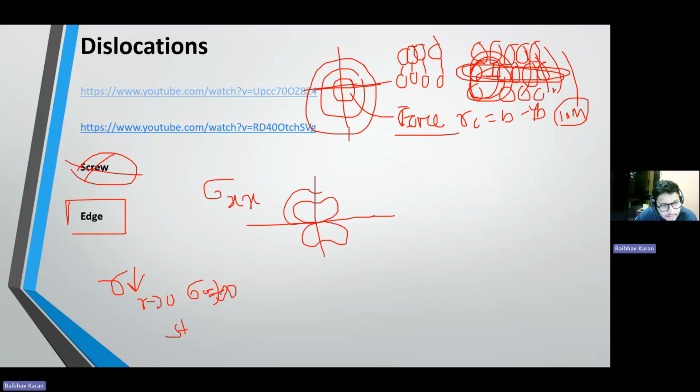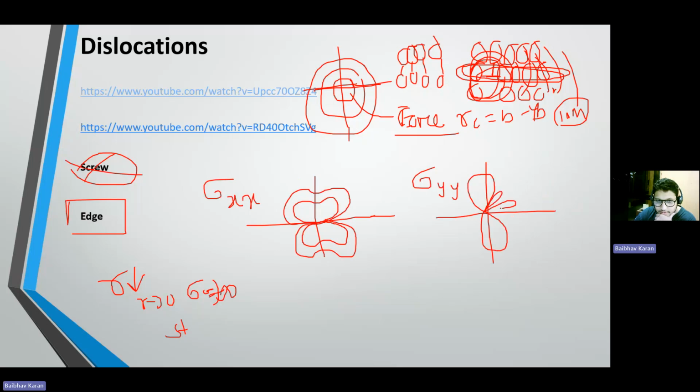Similarly, when we increase the R, it becomes like this. It's quite symmetrical for x and y, for sigma xx. Similarly, for sigma yy, we observed this value. It's like this. Then there are four small curves here.